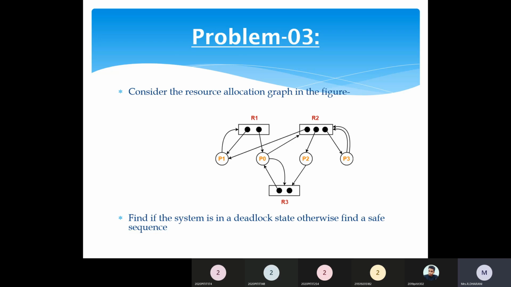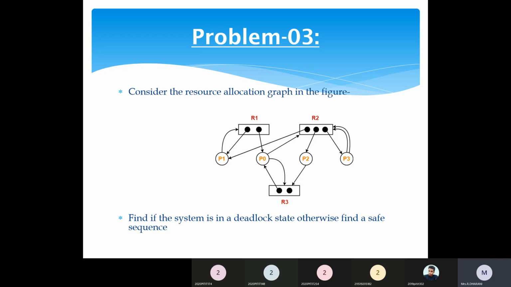Now we need to apply the rules to ensure whether the system has a deadlock or not, or if there is no deadlock, find the safe sequence in which the processes may get executed. Now let's see the allocation of resources by the processes. P0 holds the resources R1 and R3, but P1 is also requesting additional resources of R3.